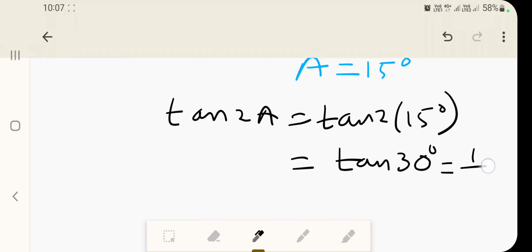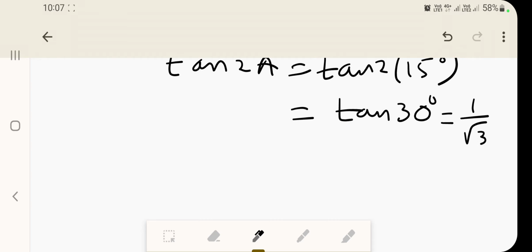You have to memorize these specific values. Tan 30 is 1 by root 3, tan 60 is root 3, sin 45, cos 45 are 1 by root 2. These values you have to memorize, then only can you solve this very fast. So this is one question they have asked for 1 mark in section number 1.